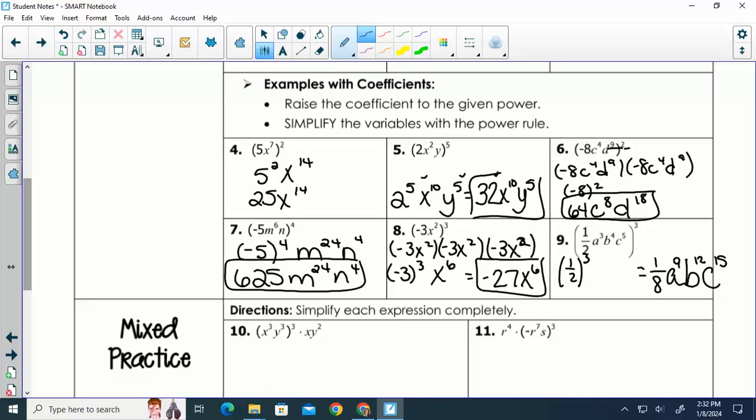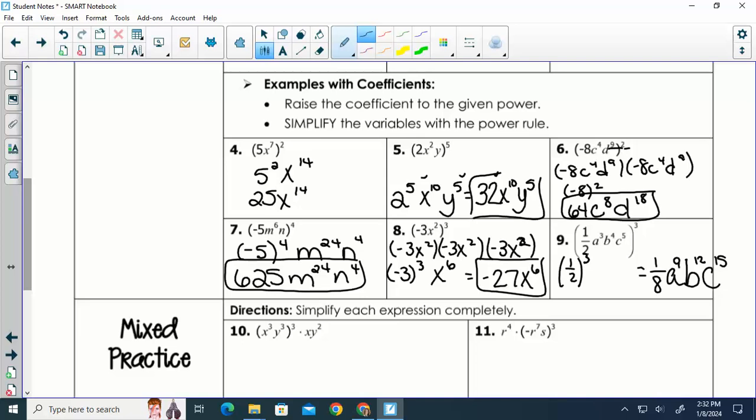Go slow. It's not that the math is necessarily hard, but remembering what to do can take a second. So don't try to just rush through them and make silly mistakes. Make sure with exponents, you are keeping them as exponents, not just multiplying your numbers.